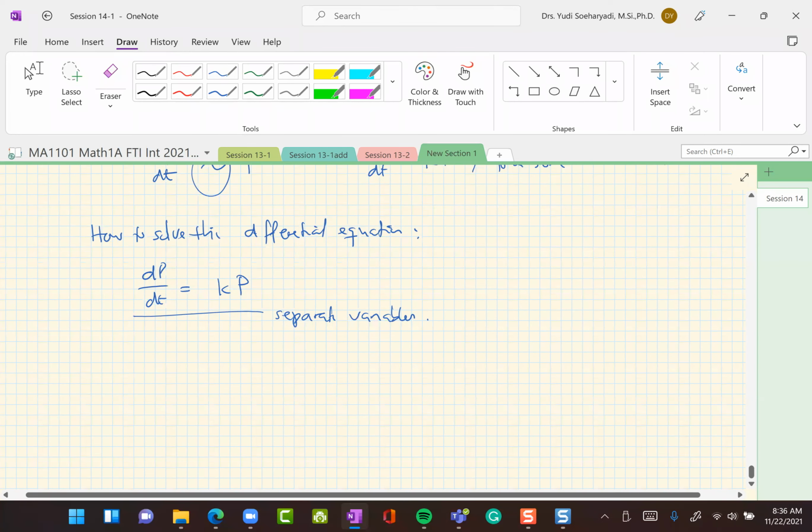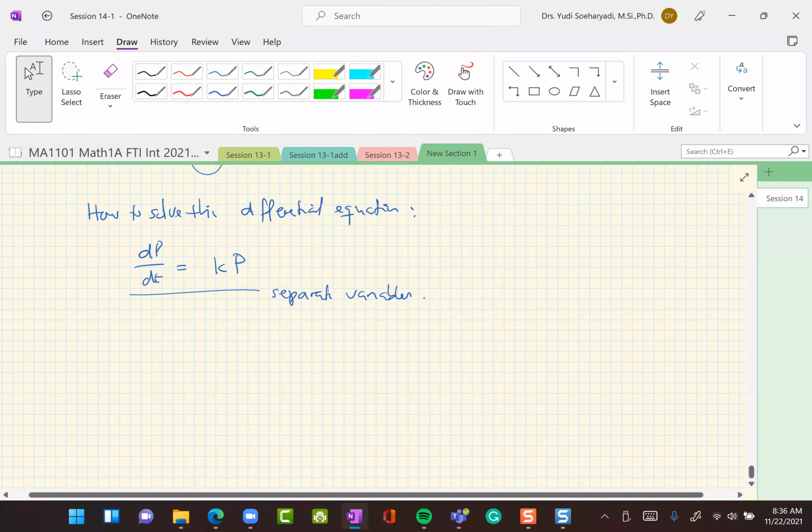We have just P and t, and k is a constant, so put P together on one side and t on the other.